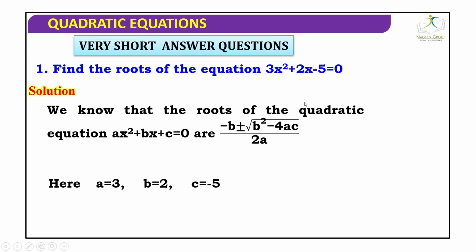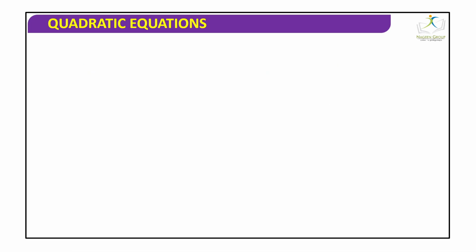So here, the coefficient of x square is 3, this is 2 and the constant term is minus 5. So this is a, this is b and this is c. Now the roots of the given equation are minus b plus minus under root of b square minus 4ac.